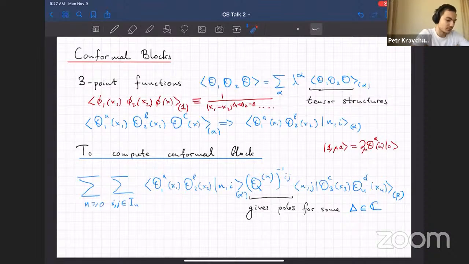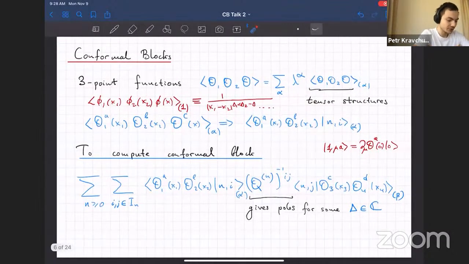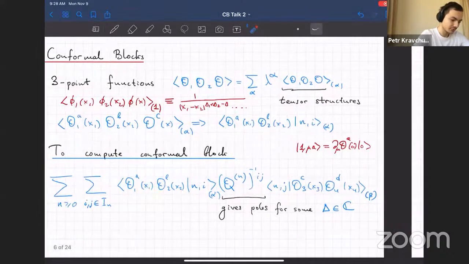And so we see that conformal blocks will have poles, and these poles are associated to matrices Q_n becoming degenerate. And the idea of the recursion relations is, of course, to study these poles and understand their residues. So Zamolodchikov first realized this is useful for Virasoro conformal blocks, and here I'll just be discussing the higher dimensional conformal blocks.